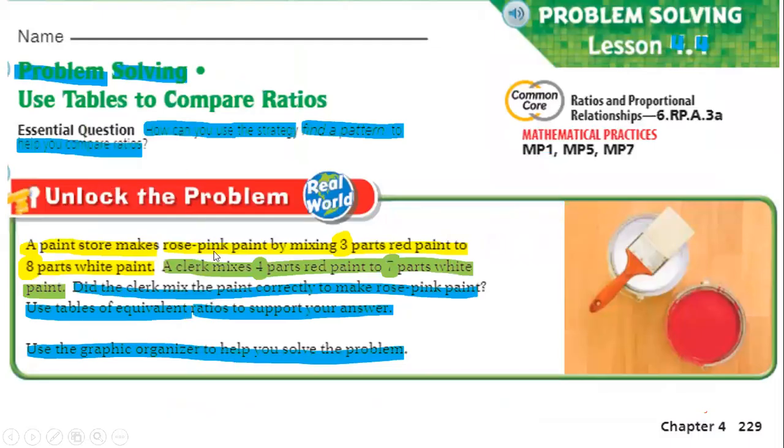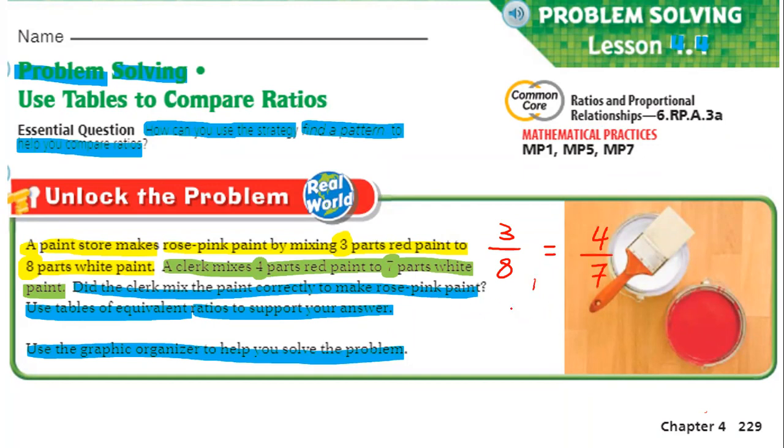Get back to the question here in the blue highlighter. Did the clerk mix the paint correctly? So what does it mean? It means, are the two ratios equal: 3 red to 8 white equals 4 red to 7 white?